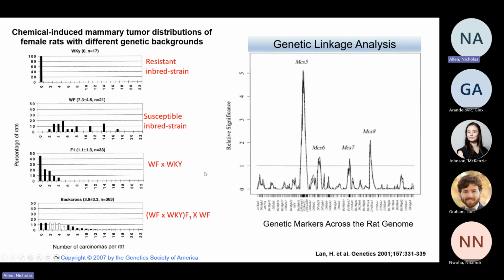Then you can take these F1s, in this case, they're crossed back to the susceptible strain, and you can see the distribution of tumors here. So this is the number of tumors that each rat is getting. Rats have 12 mammary glands, so they have lots of glands that are susceptible to getting tumors, right? Mice have 10, humans have 2, right?